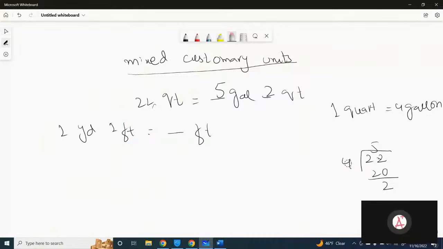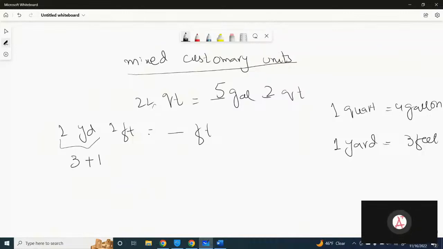So we know that in 1 yard you have how many feet? 1 yard equals 3 feet. Got it? So 3 feet plus 1. So that means they equal 4 feet. 1 yard, 1 foot equals 4 feet.